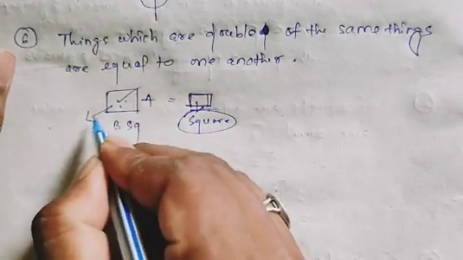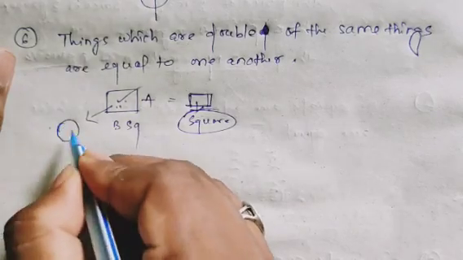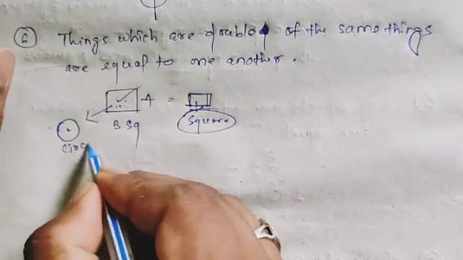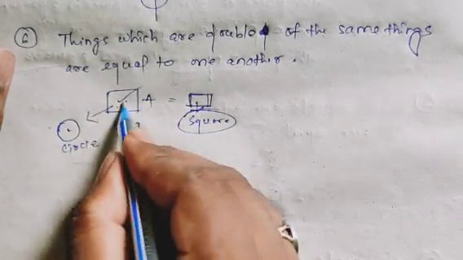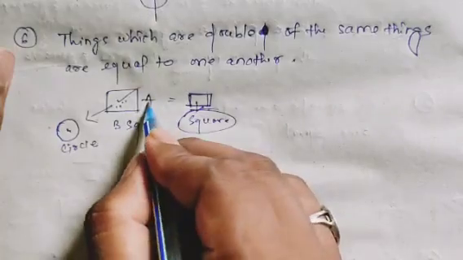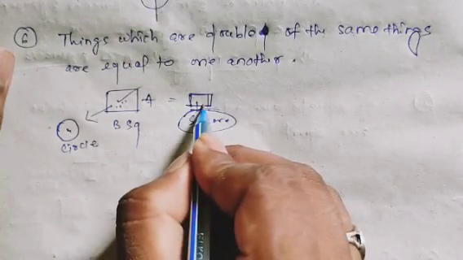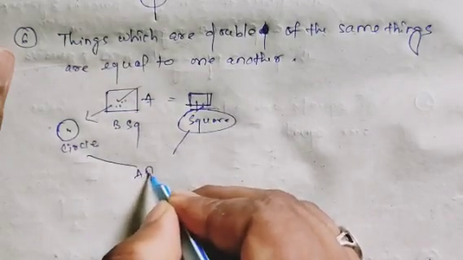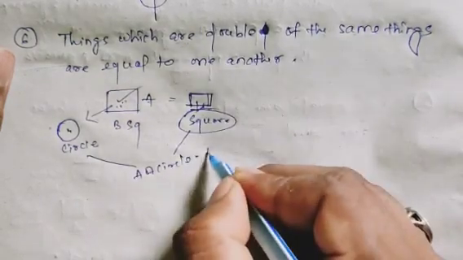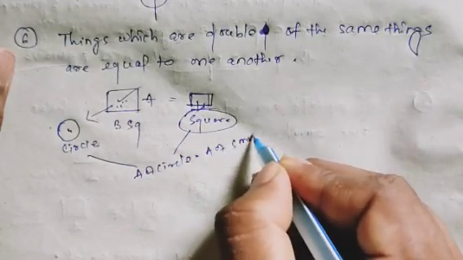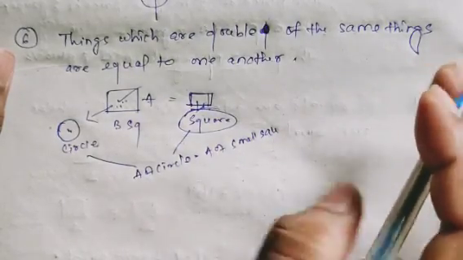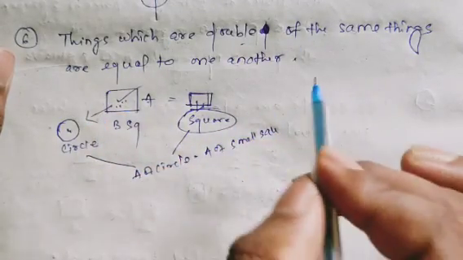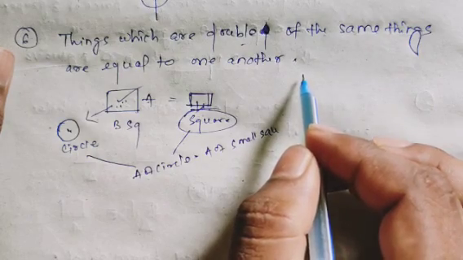The area of this big square is also double the area of this circle. So from here and here I can say that the area of the circle is equal to the area of the small square. Understand? This is the meaning: things which are double of the same thing are equal to one another.